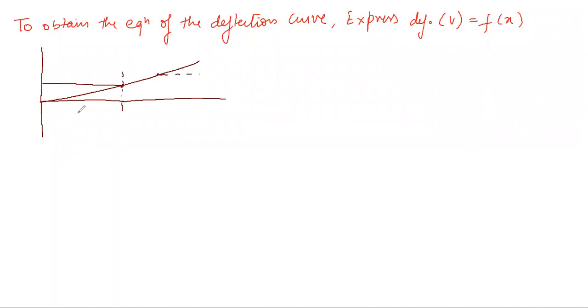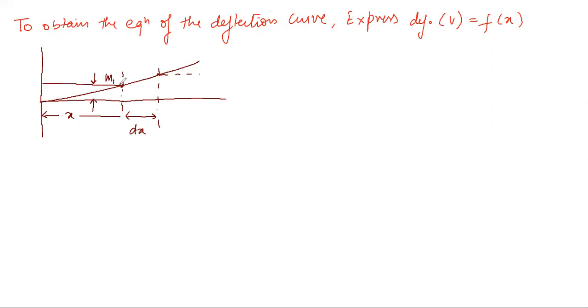So we are defined at x. This is the x distance, and for a small distance, that is dx, this is the point which is defined as m1, right?